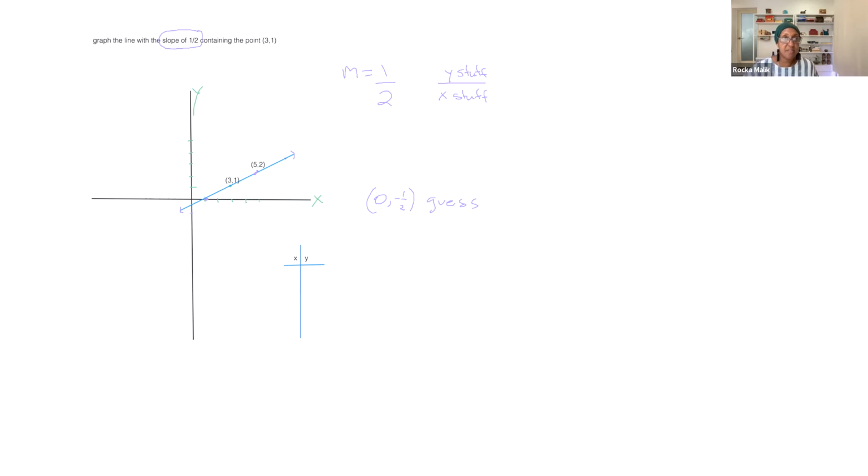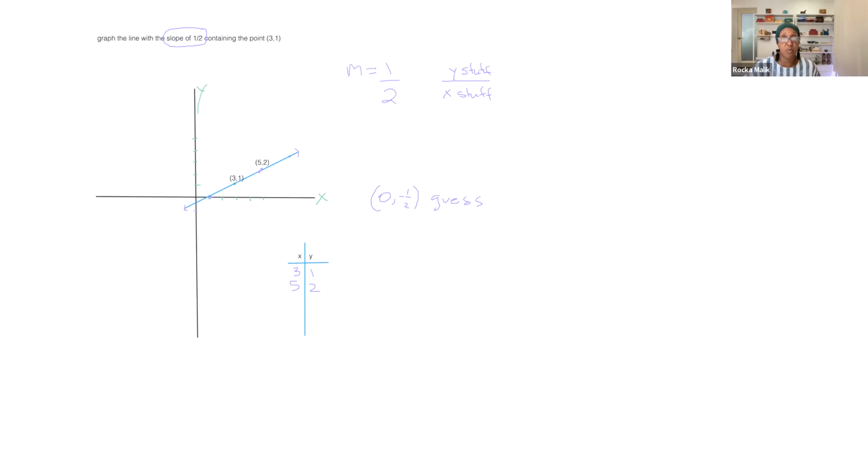On this one, my point is 3, 1. And this point is 5, 2. I know my slope is 1/2. And I haven't really done any work.